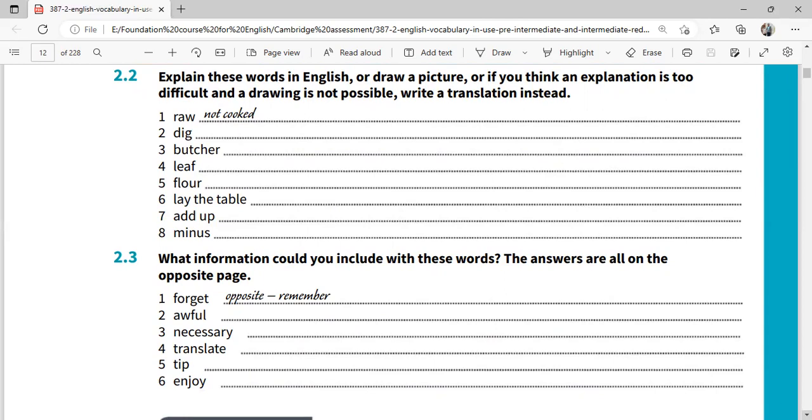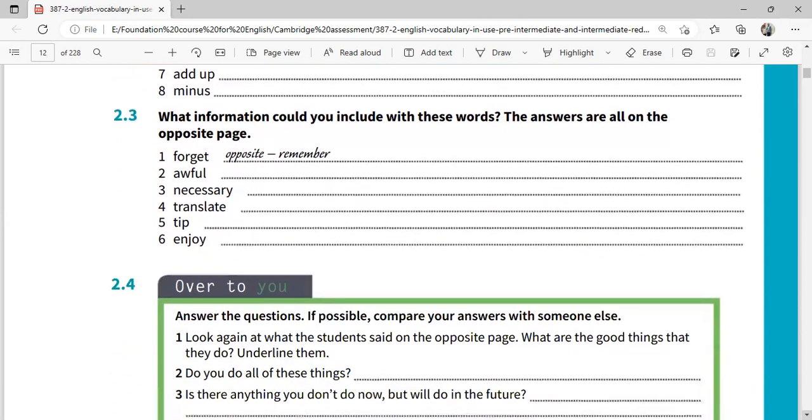7. Add up: fill more, tap on. 8. Minus: 6 minus 4 is equal to 2. Exercise 3. What information could you include with these words?